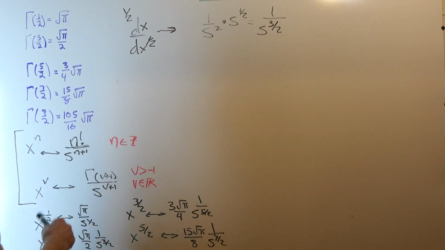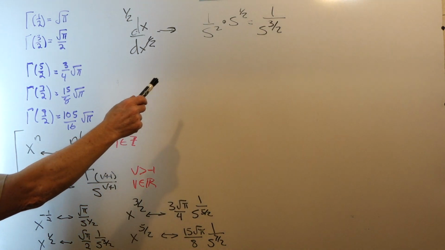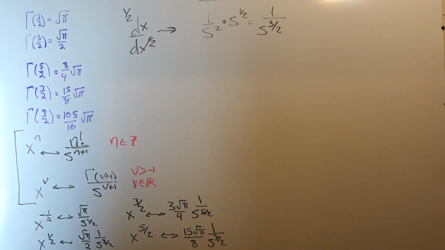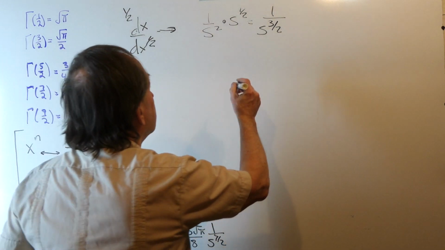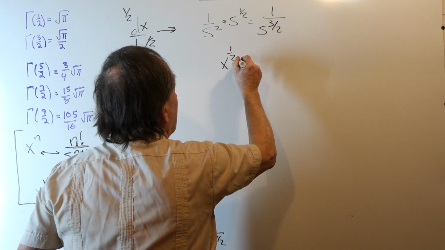So we need to find the inverse transform, and we can use this. See, we have 1 over s to the 3 halves. So that is x to the 1/2 times 2 over the square root of pi. We want to get rid of this constant here. So we have x to the 1/2.